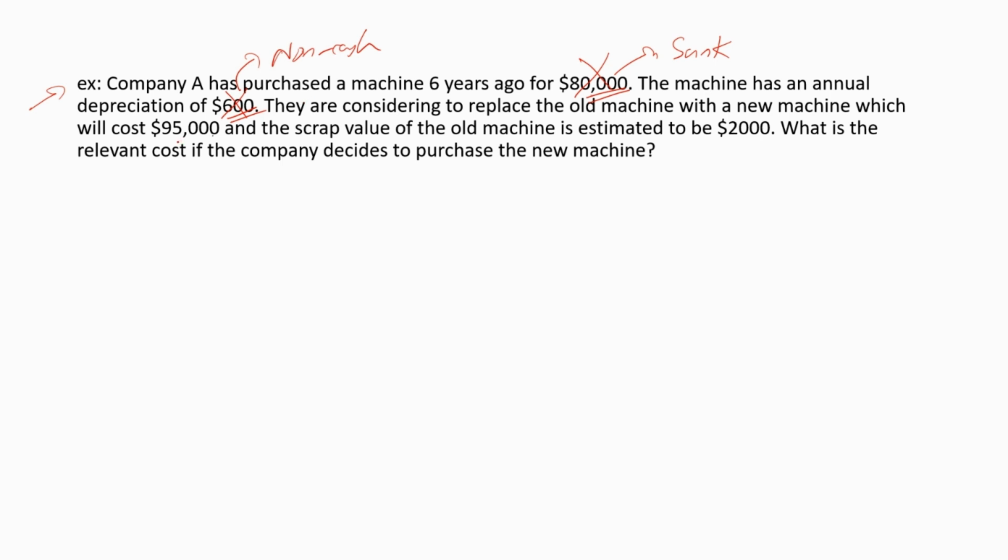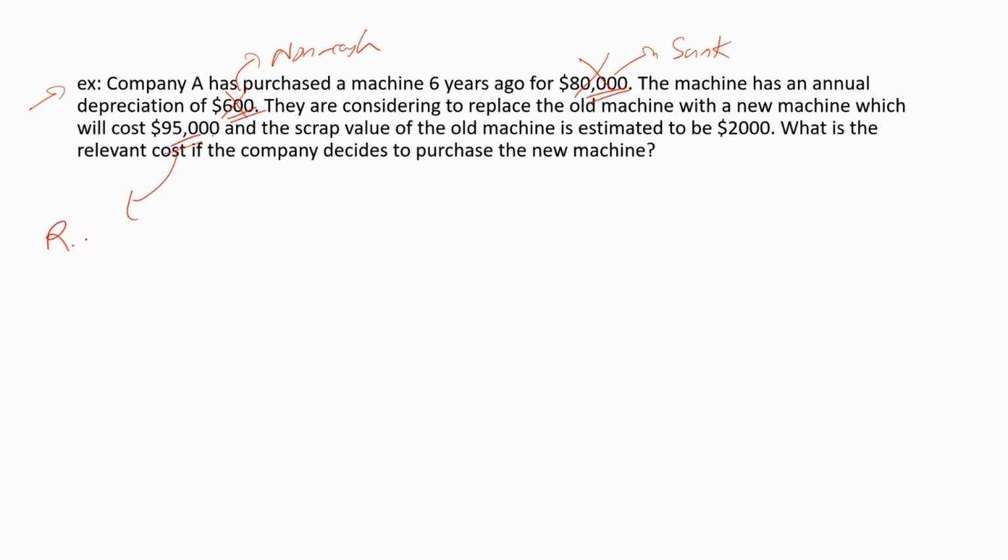And they have given a replacement cost of 95,000. Replacement cost means they will sell the old machine and buy a new machine. The price of the new machine is the replacement cost. So this is relevant because in the future this will be incurred. This is a cash outflow.